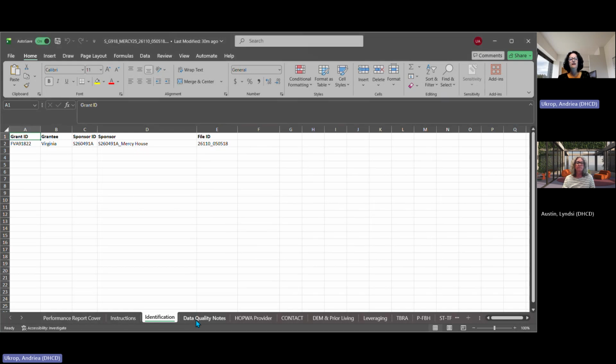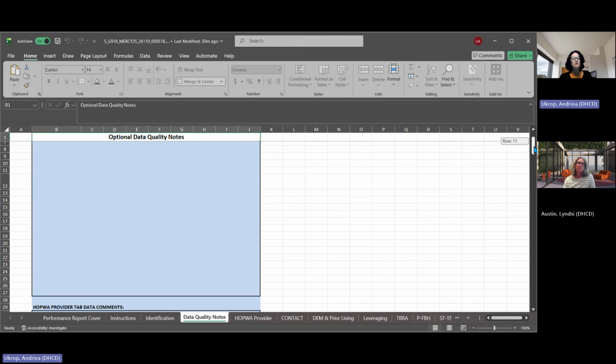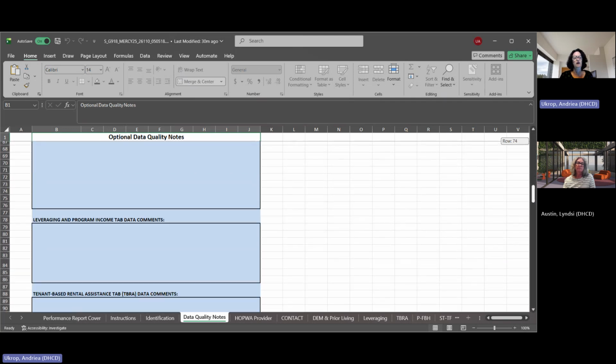On the data quality tab, we are going to go through this a couple of times, or at least mention it a couple of times as we go through the tabs, because depending on how responses are recorded in this workbook, you may need to provide additional information. And quickly you can see that each tab has a place for comments.